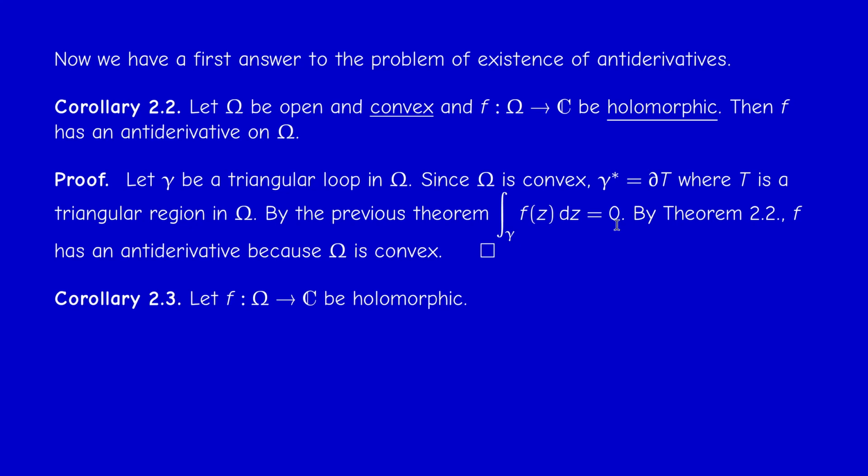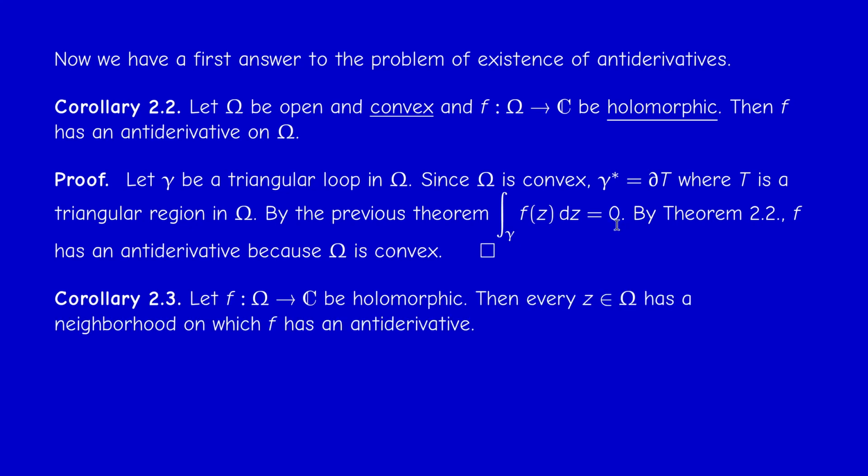Another way of rephrasing this is by saying that if we have a holomorphic function on an open set, there's no condition of convexity here, then every point in the set has a neighborhood on which f has an antiderivative. So we say that f has locally an antiderivative.